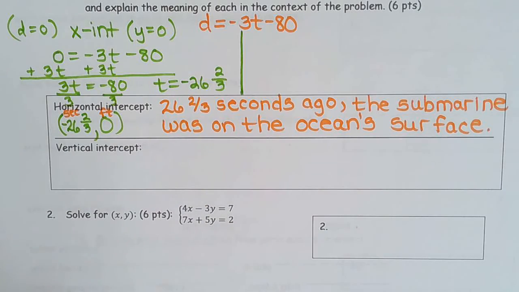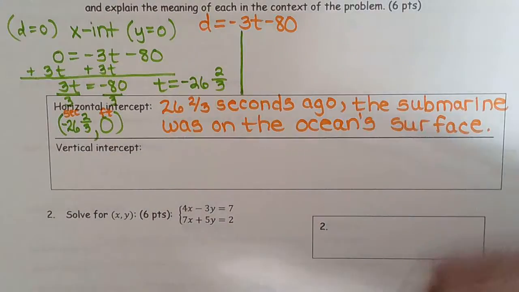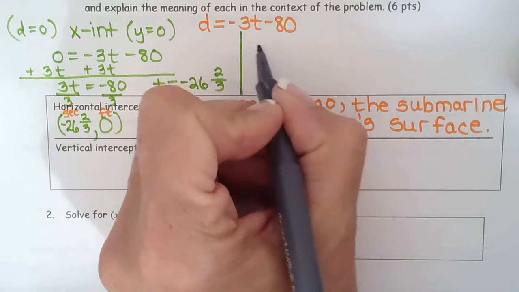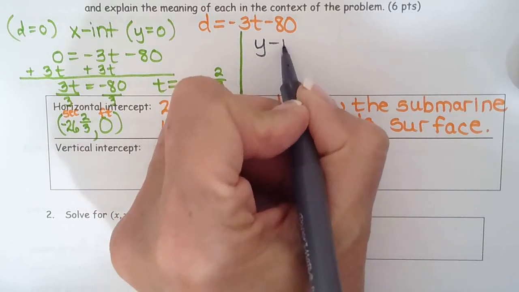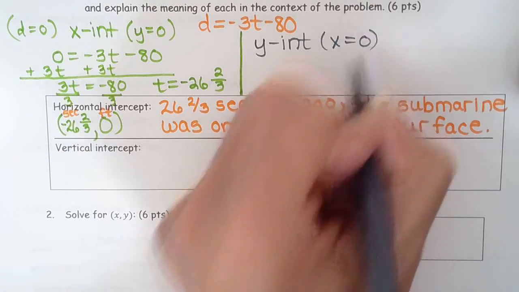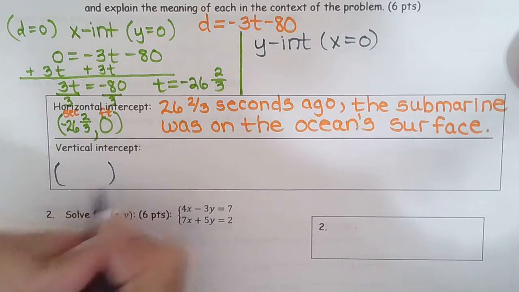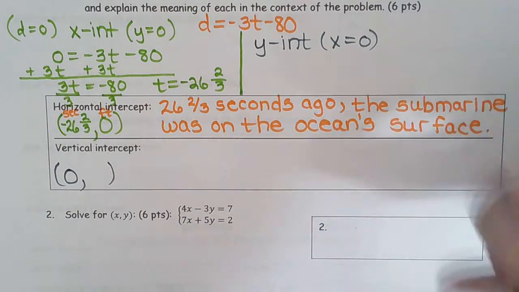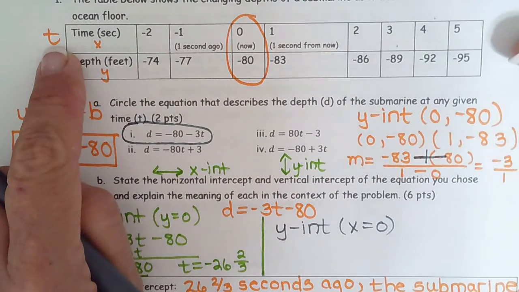Okay, let's do the second part. So then they ask us to find the vertical intercept. Remember, vertical is the y-intercept. So I immediately go, oh, y-intercept, that means make x 0. So I go down here, I make x 0, and x in this problem is really t.